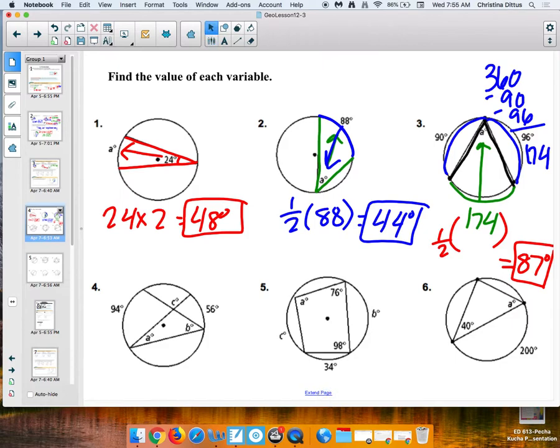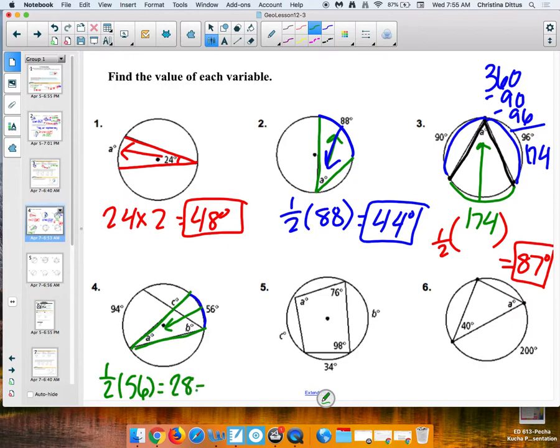Here's where we start getting a little more complicado. That's complicated for you kids that don't know. Finding angles. The thing I want to work with is this arc right here, 56. You notice that this angle A makes up that arc. So if I bring that 56 in, I can take half of 56 and realize that A is 28.